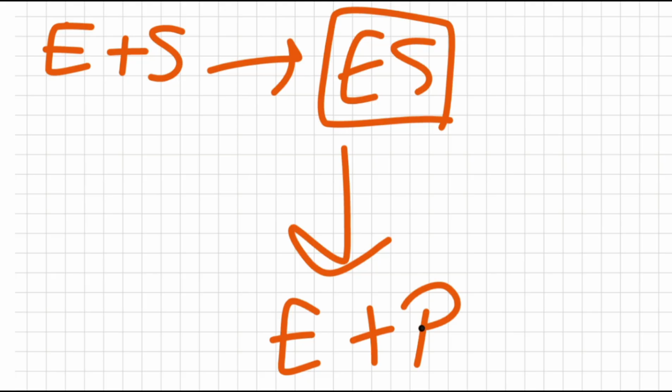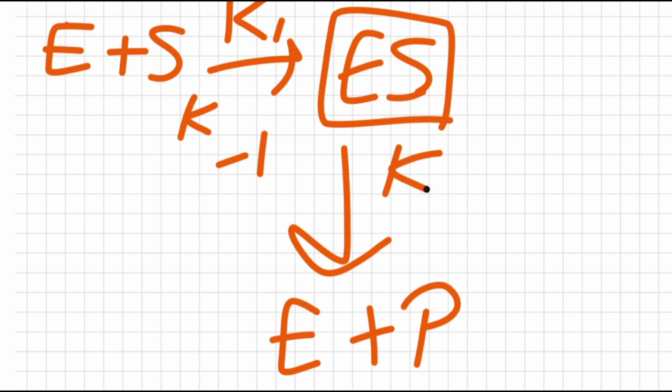When enzyme plus substrate gives the enzyme-substrate complex, the rate constant for the formation of ES is K1, and the rate constant for dissociation of ES is K minus 1. When the enzyme-substrate complex forms enzyme plus product, K2 is used, and K2 is the rate constant for conversion of enzyme-substrate to the product.